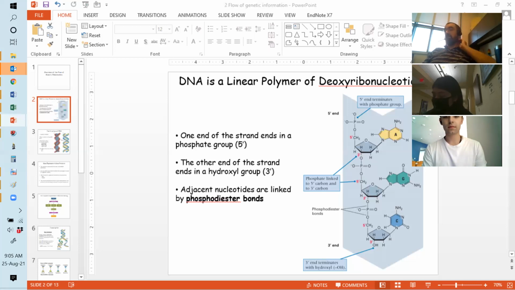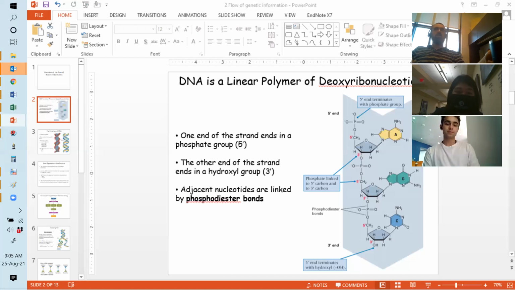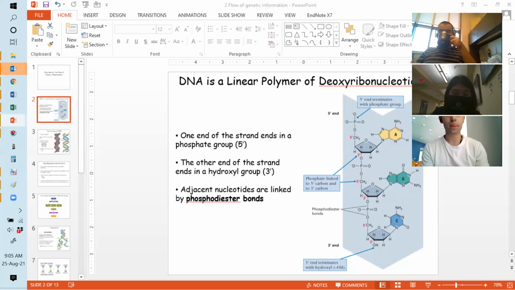Exactly, thymine. What's the other difference? Why is it ribonucleic acid and not deoxyribonucleic acid? Good point, Isaiah, but not correct. RNA can actually be double-stranded.